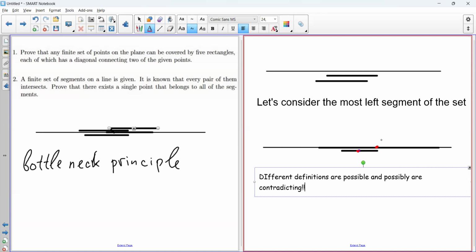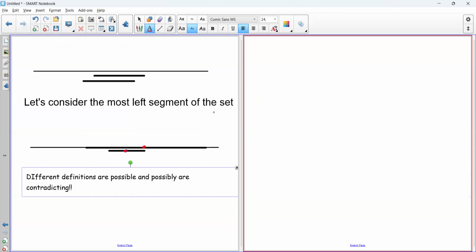Why is that? How come we can say that some segment is the most left segment without any additional complications? The thing is that there is just no genuine and well-defined property to be the most left on a plane. There may be some different understandings of that, and this notion is just not well defined for arbitrary objects.